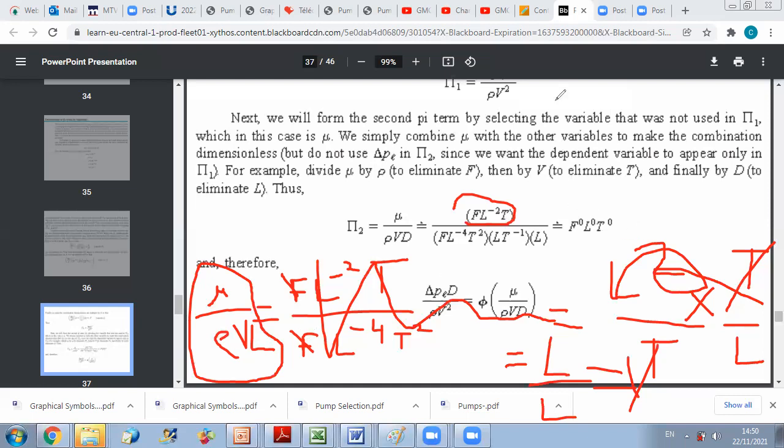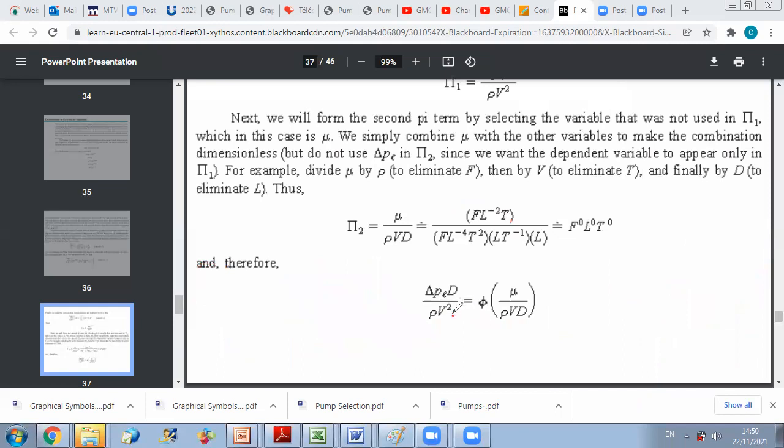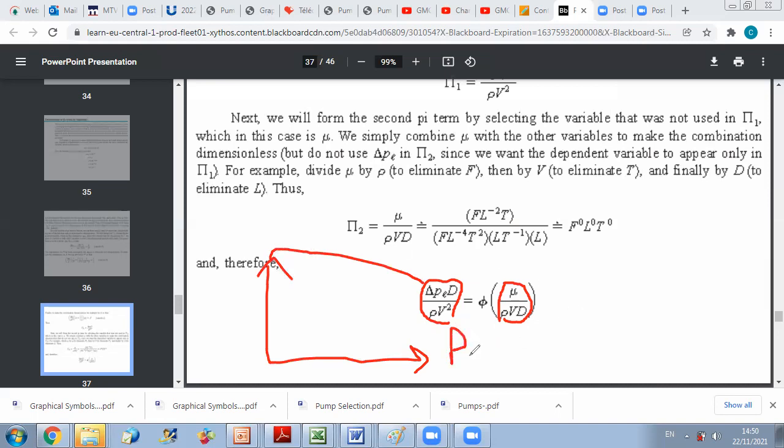So now the two groups I obtained are delta P times D over rho V square and mu over rho V D. So I just have to do an experiment: on one axis this group and on the second axis the Reynolds number, and I plot one curve in this case.